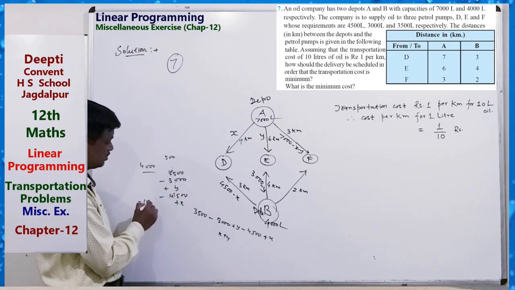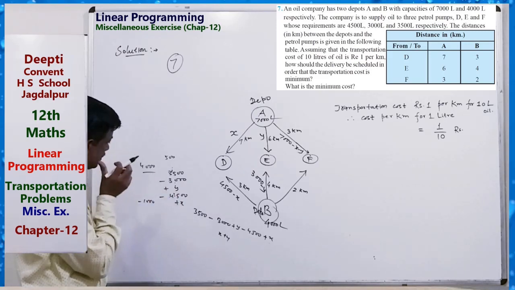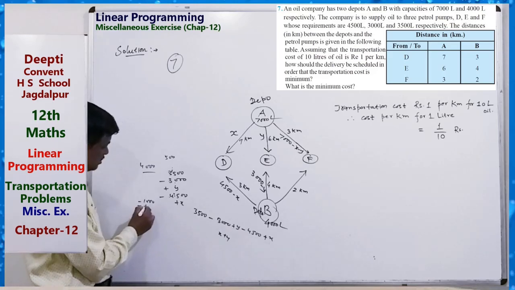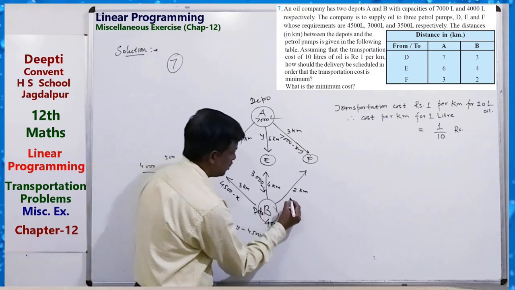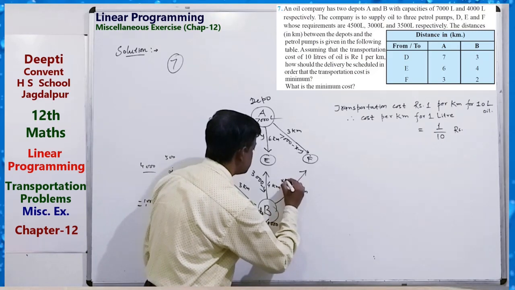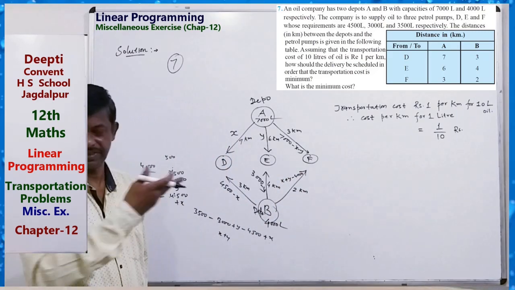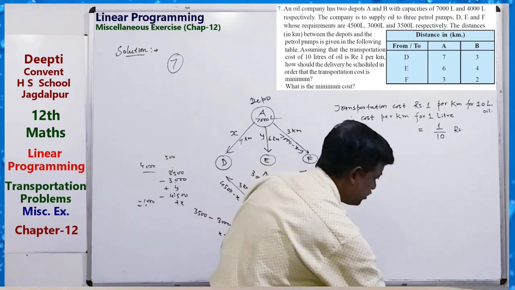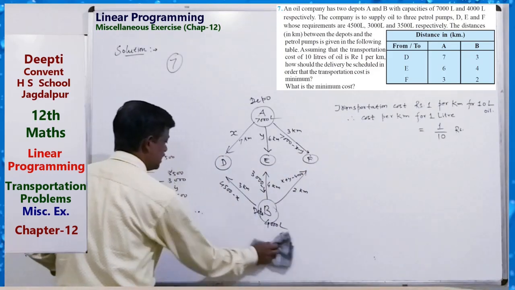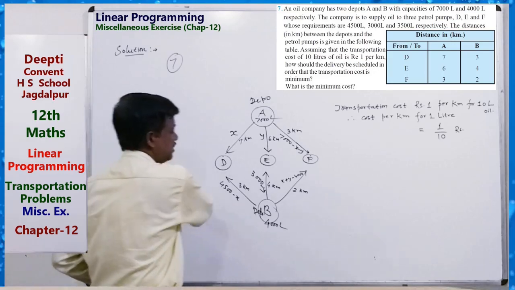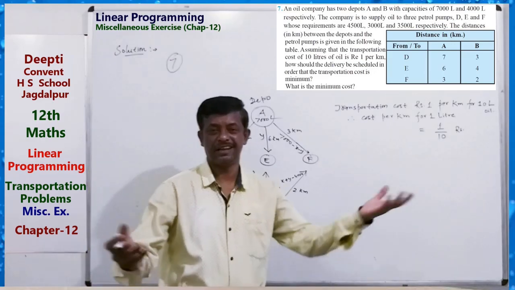Minus 1,000 and minus 4,000. This value will be x plus y minus 4000. Now you can write all the constraints from here, as in the previous questions.